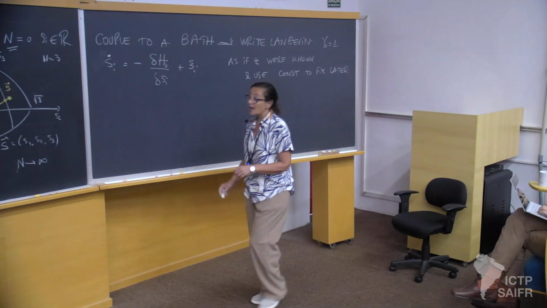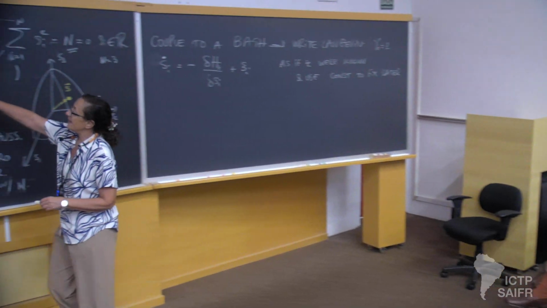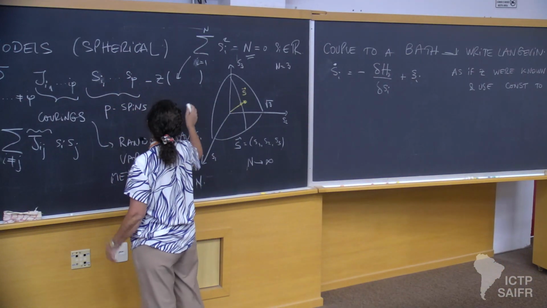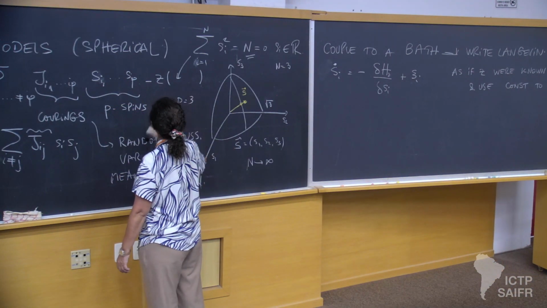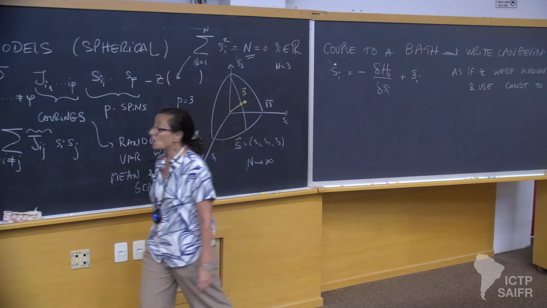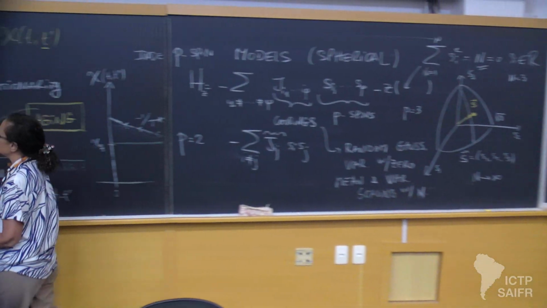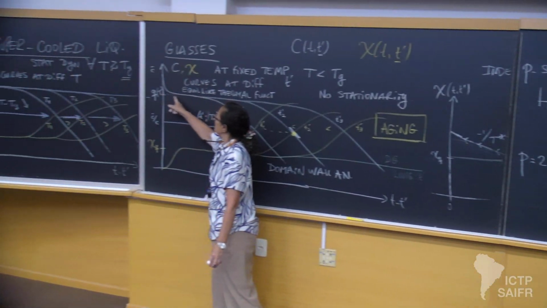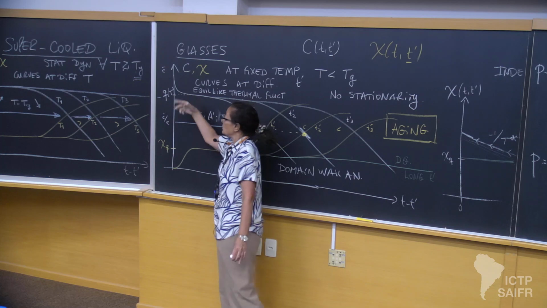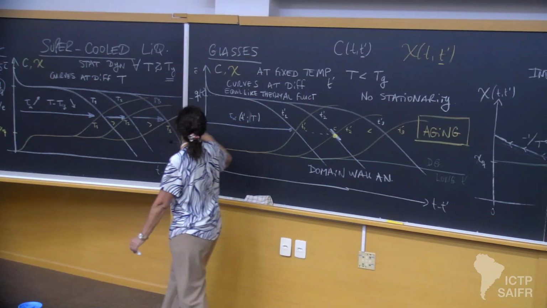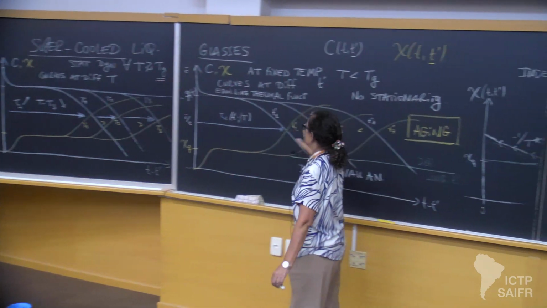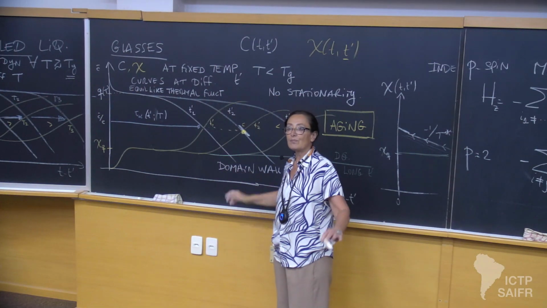And you will capture, with this first case, when p is, for example, 3, the glassy problem. So you capture the problem with this plateau here below. You capture this, and you capture this dynamic scaling, and you capture everything.